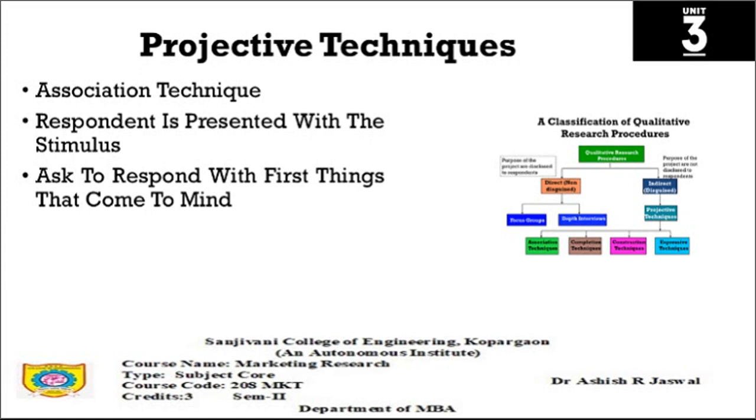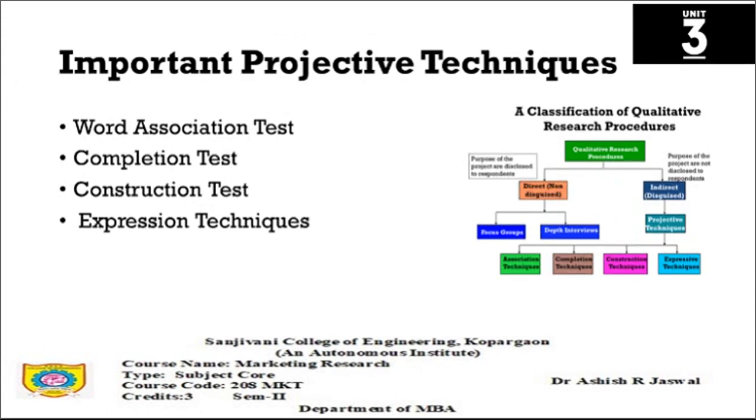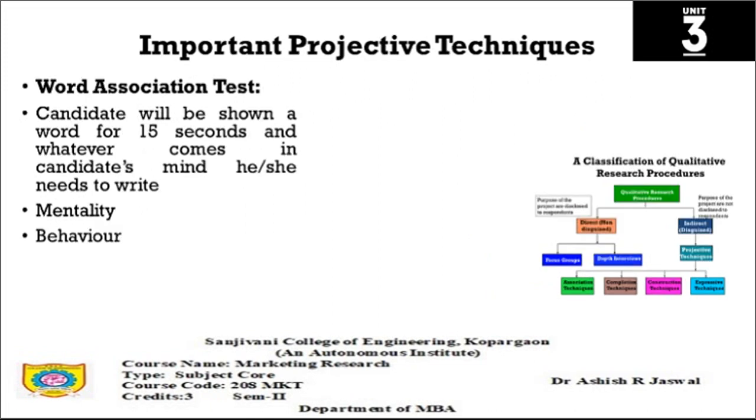These are four ways, of which we are going to study the first, that is, association technique. The respondent is presented with a stimulus and is asked to respond with the first thing that comes to mind. There are four types of techniques available: word association test, completion test, construction test, and expression techniques.